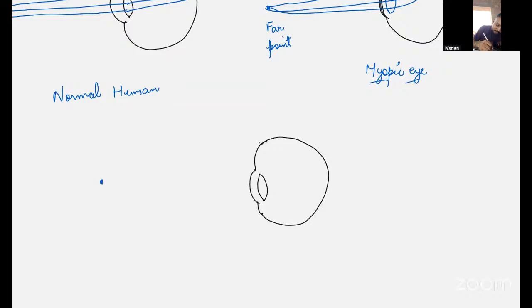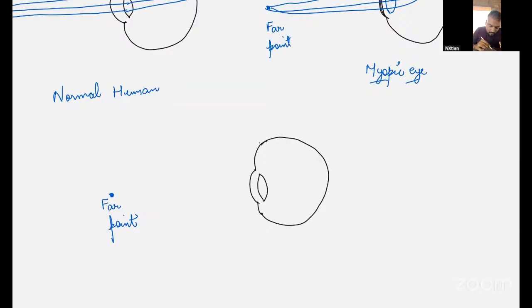For example, this is a far point, and if the light rays are coming, we need a lens which diverges them, so that the image which is in front of the retina can be on the retina.